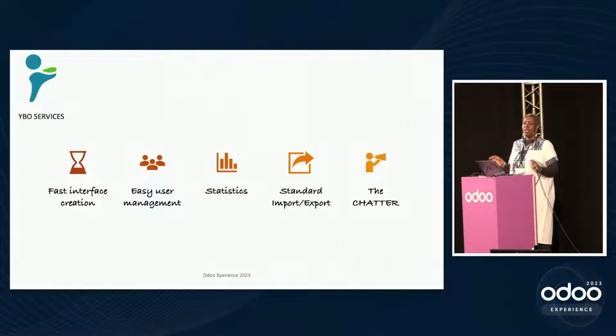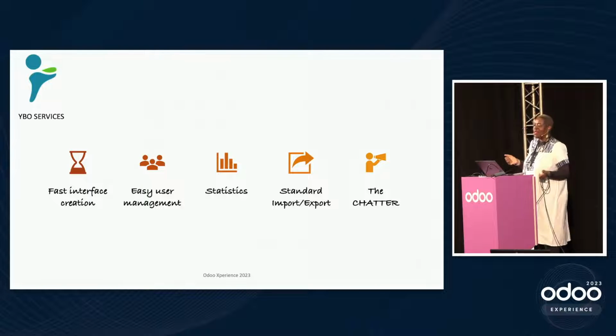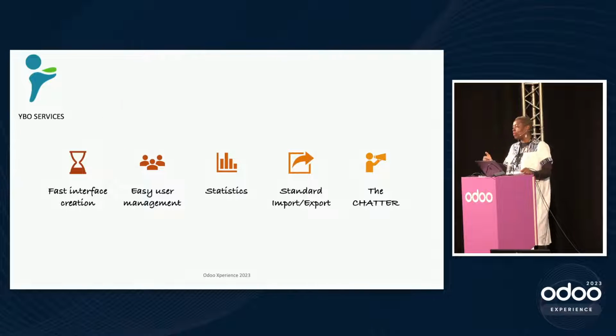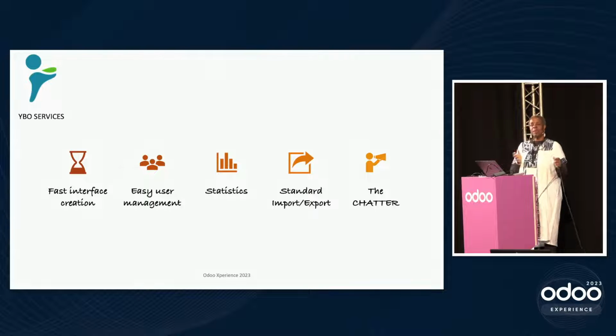People do not really realize how powerful the chatter of Odoo is. The chatter allows you first to know who is online and who is not online. And you may think, why do I care? I care because I had doctors that we paid specific prices because they were doctors, but they had subcontractors that were not doctors.